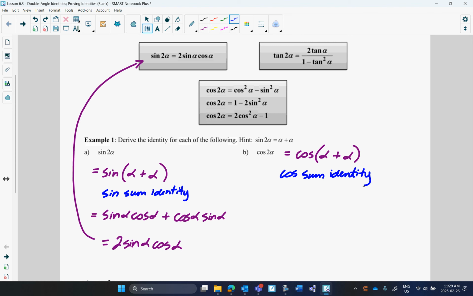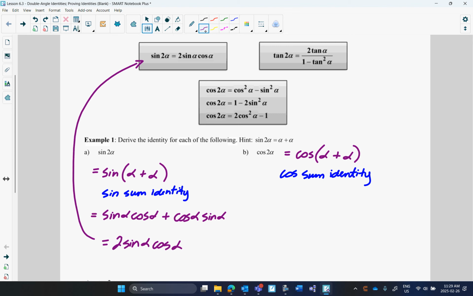And I don't expect you to have this memorized, because you do get the formula. But what is cos sum the same as? Even I have to look it up.